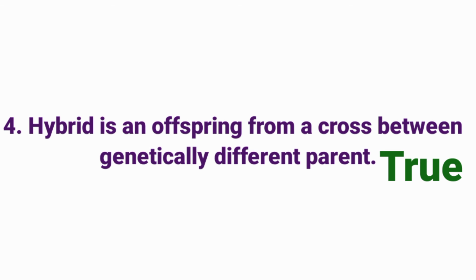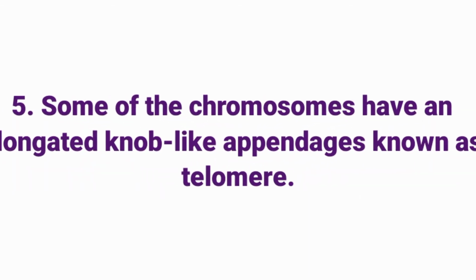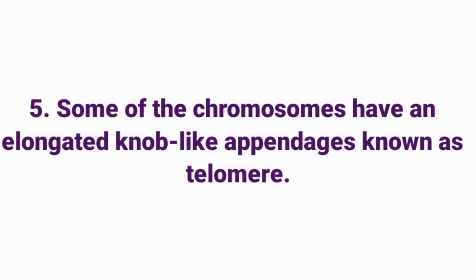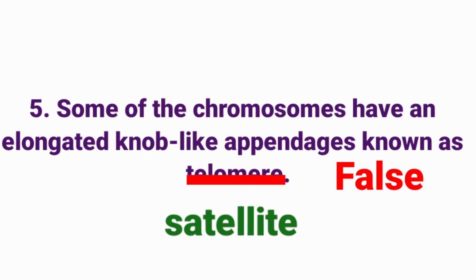Some of the chromosomes have an elongated knob like appendages known as telomere. Answer false. The correct statement is some of the chromosomes have an elongated knob like appendages known as satellite.